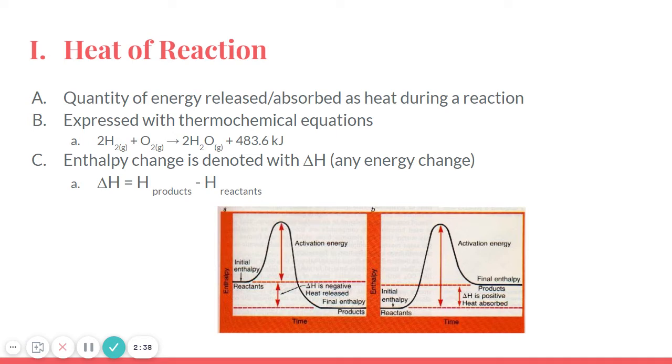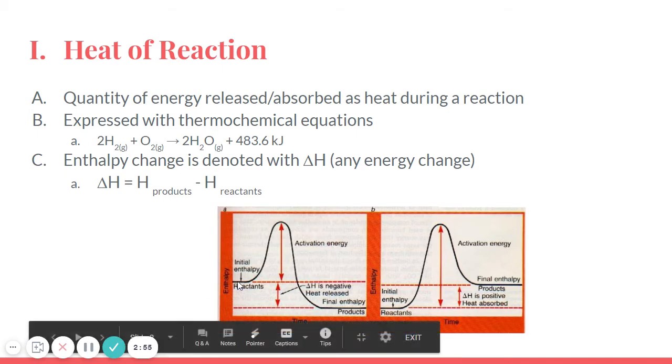You always have to put energy into a reaction, and you will always release energy. The difference between how much you put in and how much you released is the delta H, the enthalpy, and that also helps us determine if something is exothermic or endothermic. So here you can see that we put in a lot of energy, but then we released way more.